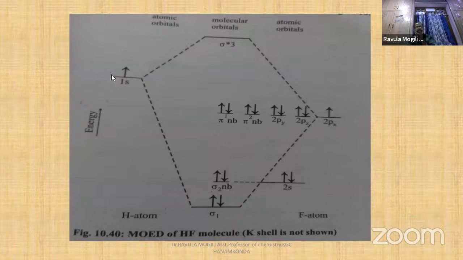This 1s orbital overlaps with the unpaired electron present in the 2px, 2py or 2pz of fluorine, so that is a sigma bonding. The 2s orbital electrons are non-bonding electrons.